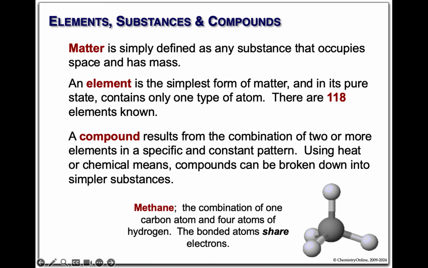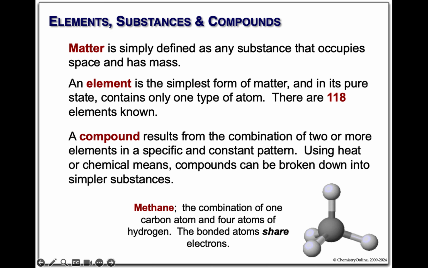Okay? It has one carbon, and it has 4 hydrogens attached. In this particular compound, the hydrogens and the carbon share electrons. When they do, they form a bond. These are valence electrons that they share. They form a bond. Every methane molecule looks exactly like this one. The geometry is always the same. The bonding is always the same.